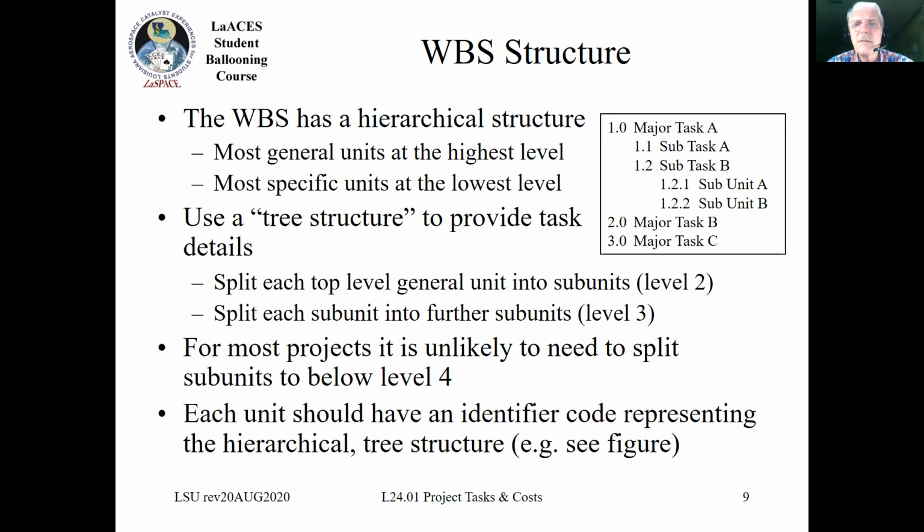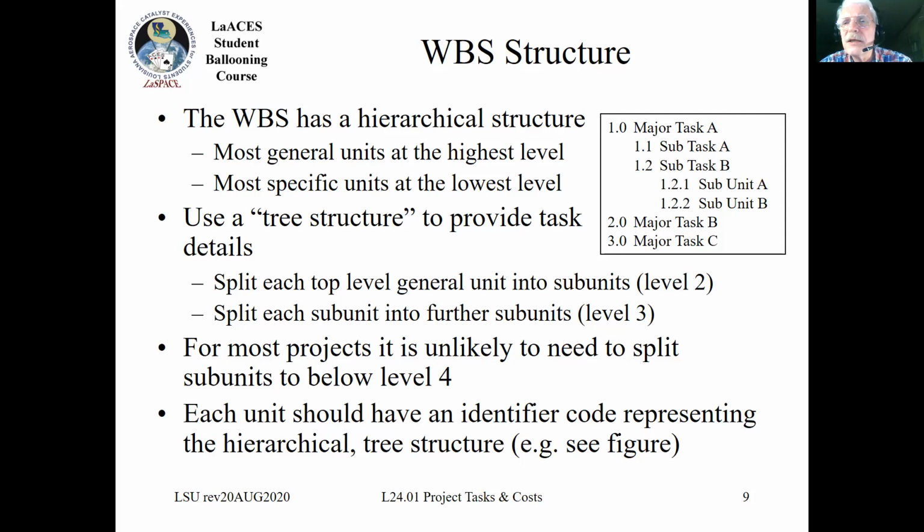I had mentioned that a WBS is a hierarchical structure. The figure over here shows what I mean by that. The most general units are at the highest task. So here I've got 1.0 major task A, 2.0 major task B, 3.0 major task C. Then there's a tree structure for the subtasks.